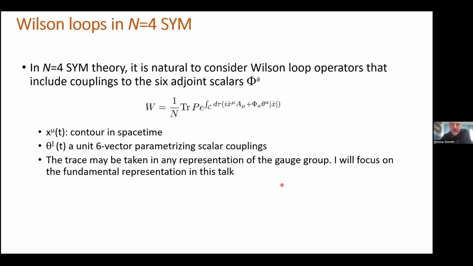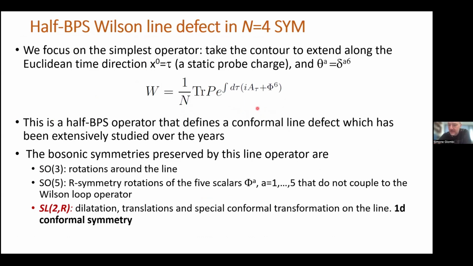The system I have in mind is N=4, where we can consider this Maldacena-Wilson loop, which couples the gauge field and scalars. That's the general case, where x is a contour and theta parameterizes the coupling to the scalar fields. I'll take the fundamental representation for the trace. The operator I'm interested in is the simplest example of this family, the half-BPS straight line, in which we take the contour to be just a straight line along the time direction.